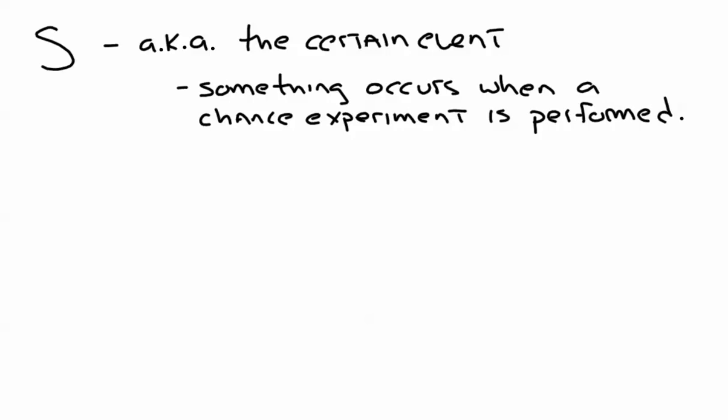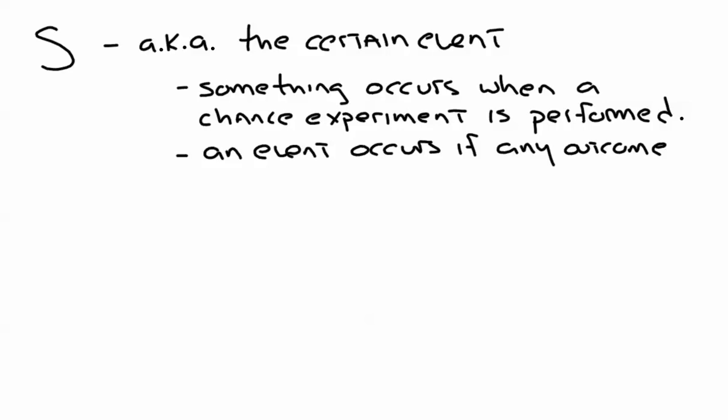Moreover, an event is said to have occurred if any outcome in that event has occurred. So an event that has multiple outcomes in it is said to have occurred if we perform the chance experiment and at least one of the outcomes in that event occurs.